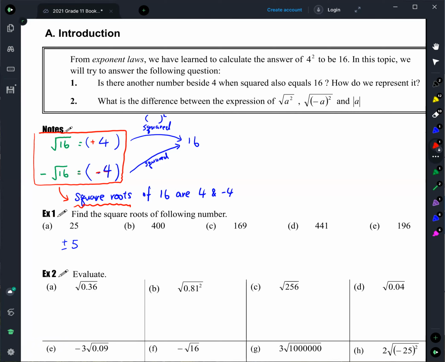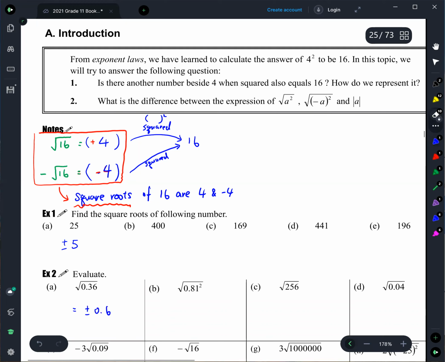So sometimes they ask for square roots, then you need to write both. But if they only give you one of them, for example, if you look at question 2A, this one is the positive square root. So for the answer of 2A, you don't write it out as plus minus 0.6. Okay, you will just say this one is the positive one, right?